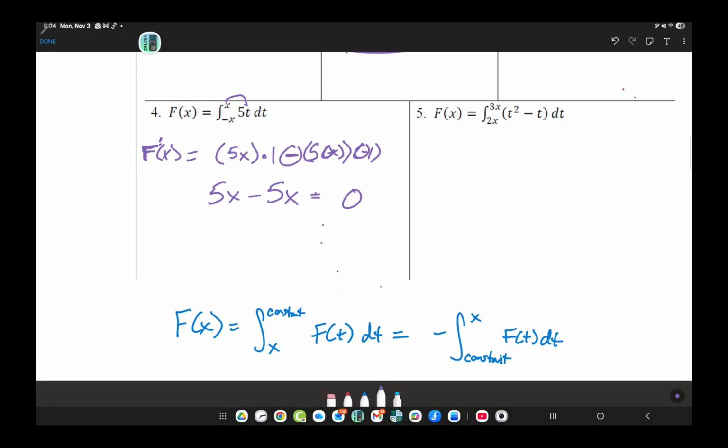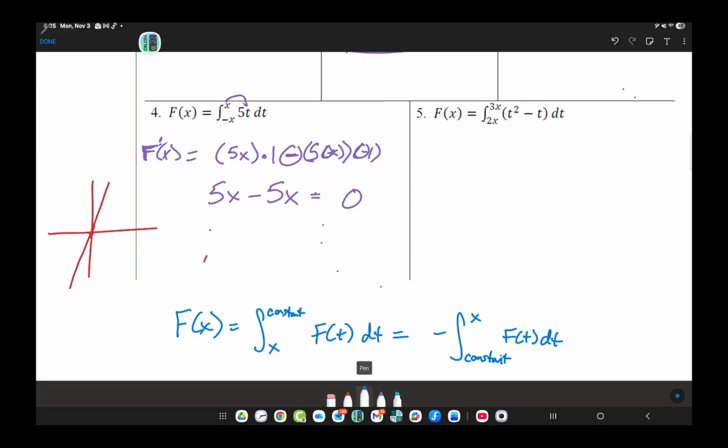Do you remember your even and odd functions? You know, the whole idea of symmetry between even and odd functions. So your even functions have mirror symmetry over the y-axis, reflective symmetry over the y-axis. Odd functions have rotational symmetry around the origin. Graphically, 5x is pretty simple. Again, that just means you have a slope of 5, so it's pretty severe.